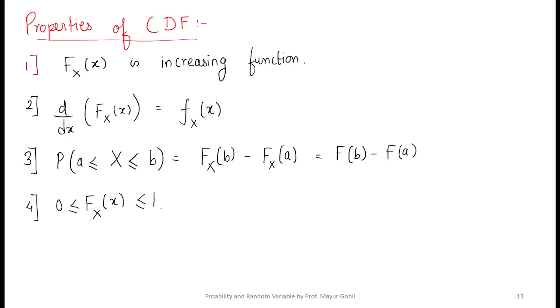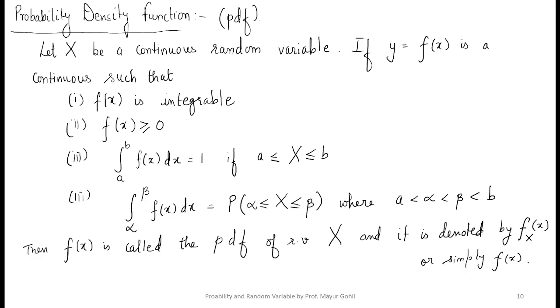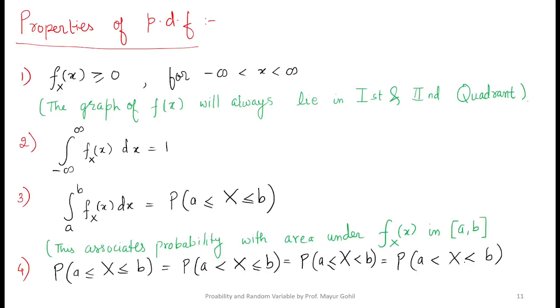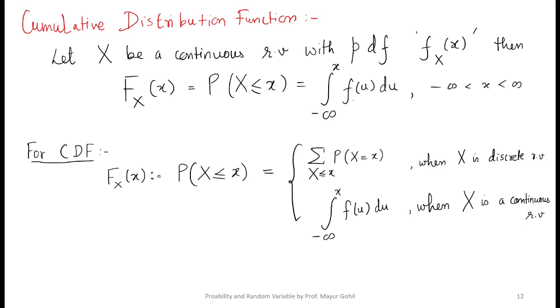This is what is there regarding the cumulative distribution function. It's a quick recap I'm taking you through. So this is the probability density function definition, in short written as PDF. PDF is always for a continuous random variable. These are the properties of the probability density function. Then next is the cumulative distribution function, generally written as CDF.